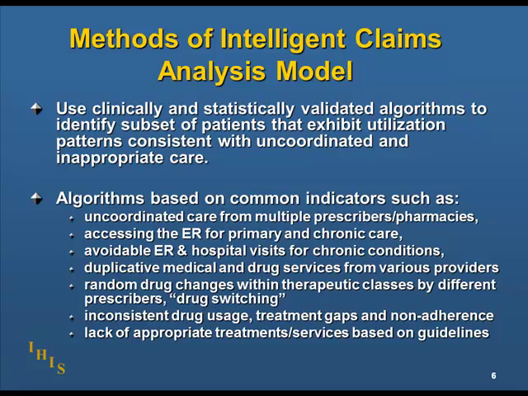Duplicative meds and drug services, we actually have algorithms that identify all of that and can cost quantify that. Random drug changes within therapeutic classes. In other words, a patient is what we call drug switching all the time, and I'm going to explain that to you. And then just inconsistent treatment gaps, non-adherence, all these different things that lead to real problems.